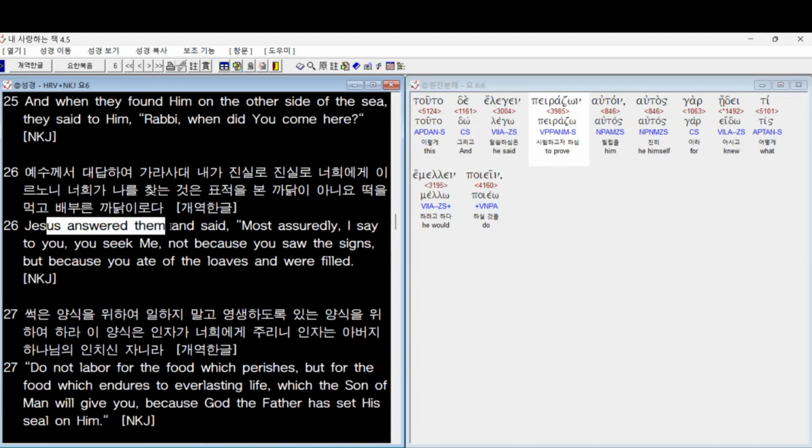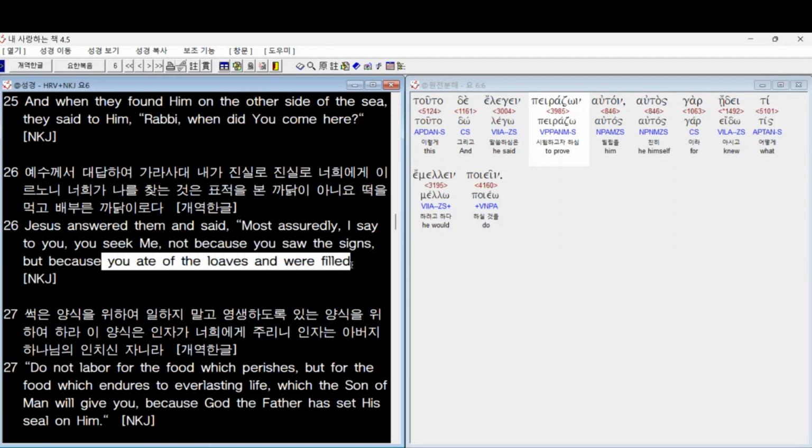Jesus answered them and said, most assuredly I say to you, you seek me not because you saw the sign, but because you ate of the loaves and were filled. So understanding the sign is totally different in this way.